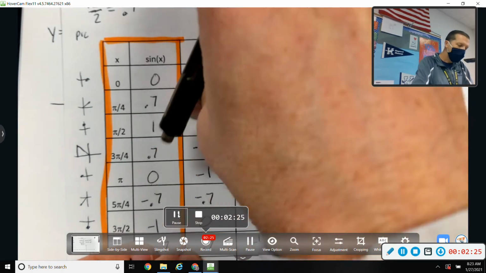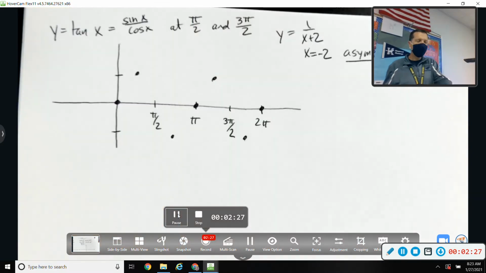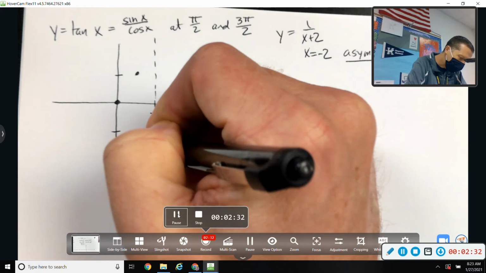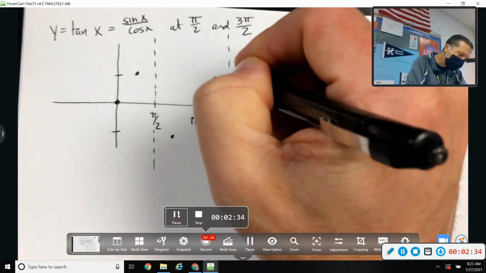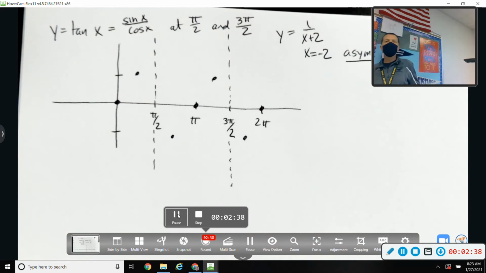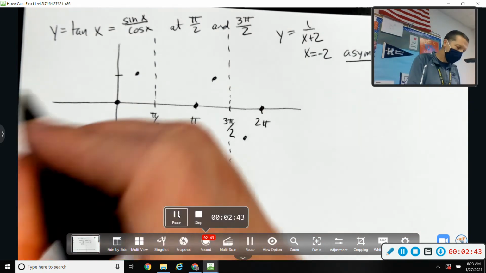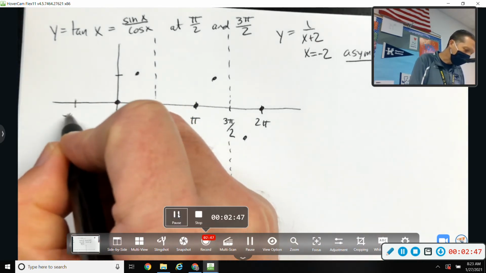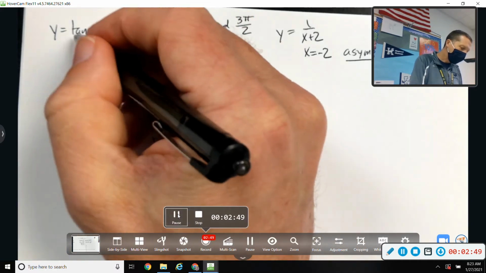Asymptotes. So that means at pi over 2, there's an asymptote. At 3 pi over 2, there's an asymptote. Let's go backwards to negative pi over 2 because that will help us see what's going on here. There's another asymptote.